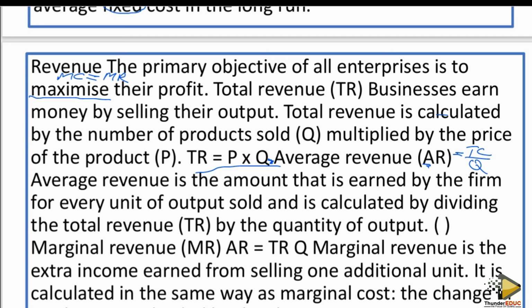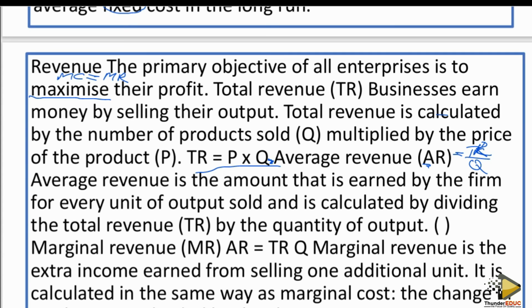Since you are dealing with the revenues, it is going to be total revenues. But average cost is going to be total cost divided by quantity, while average revenue is going to be total revenues divided by quantity. Sorry, grade 12, that was a slight typo.